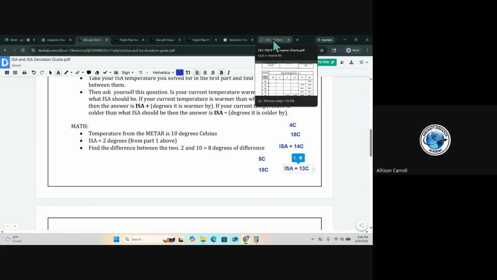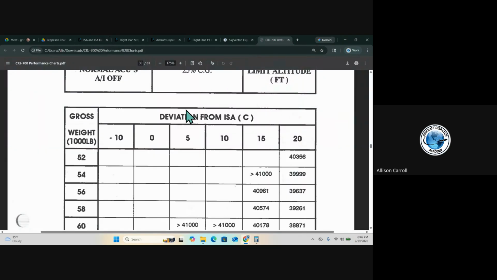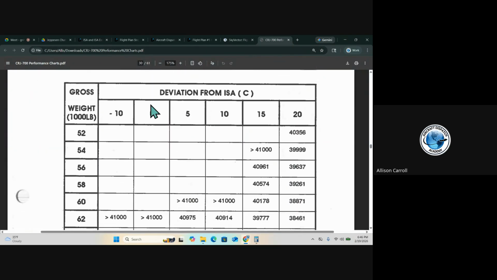Now, with going to your performance charts, okay? You see these deviations from ISA up here? Do you see a 13 and a 14? No, we don't, right? The closest numbers we have are 10 and 15, because those are the ISA charts that we have, right?